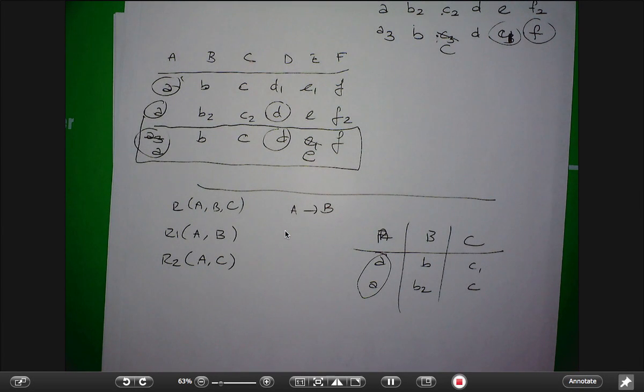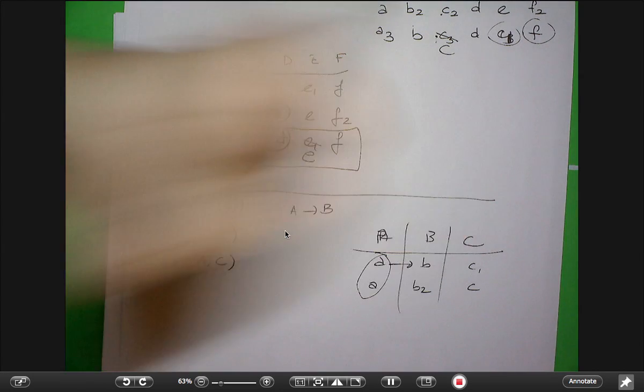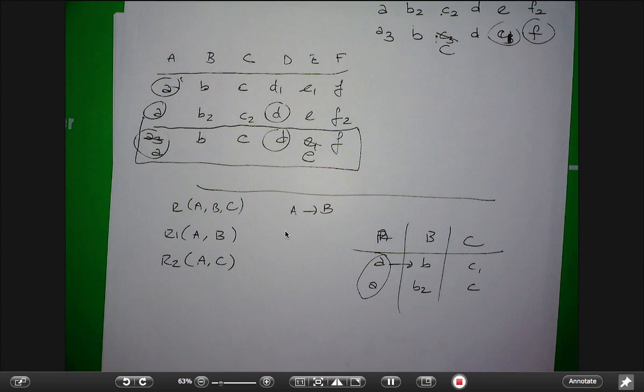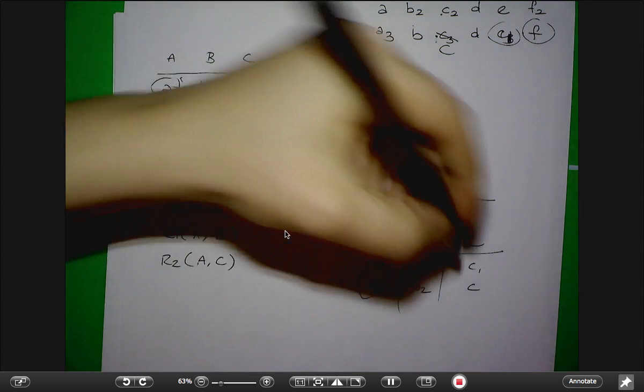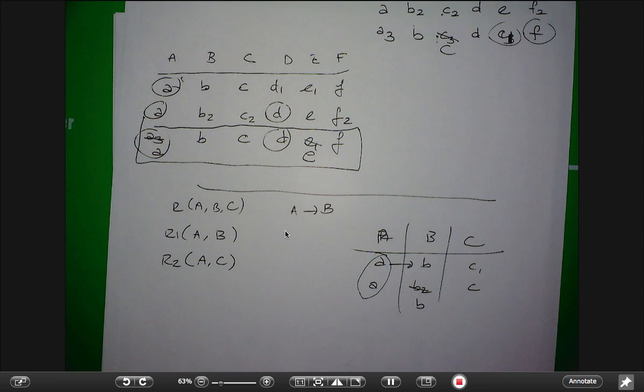And the nice thing is that A implies the other attribute, which is B. So the values that you get from R1 are going to be values that depend on the thing that you are joining, so I will put a B value here that is supposed to be there.